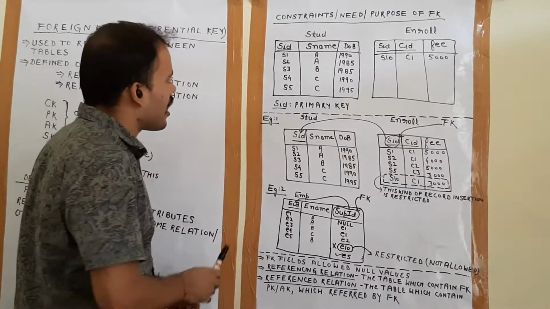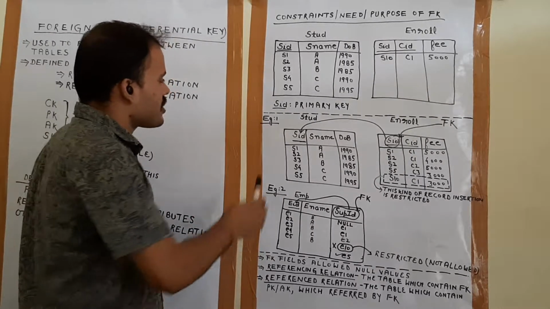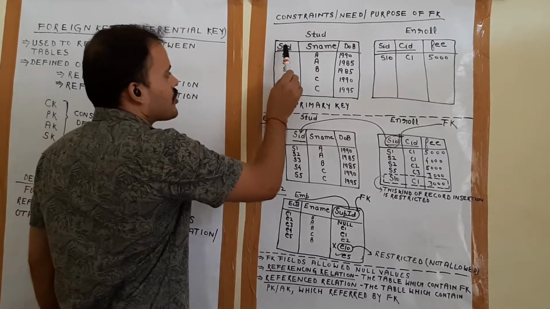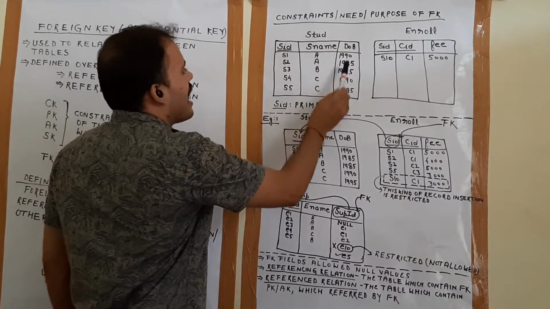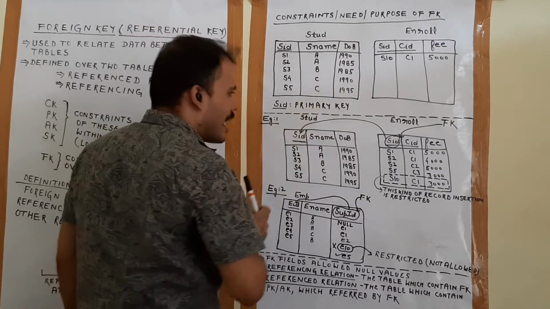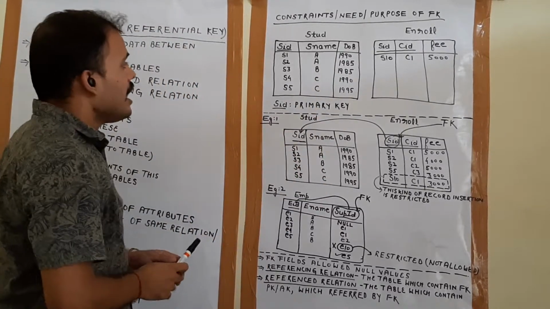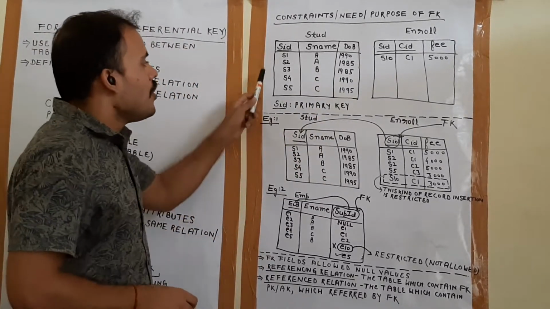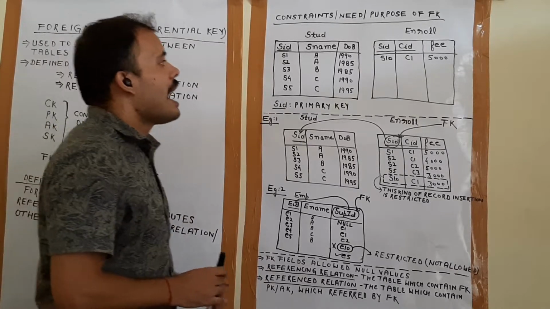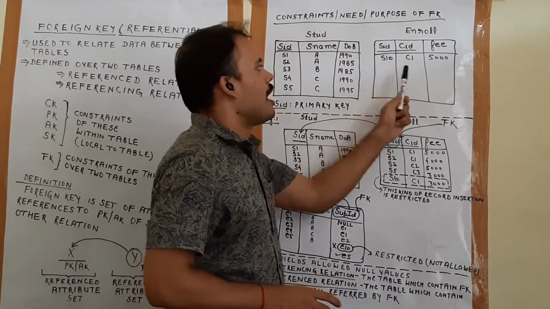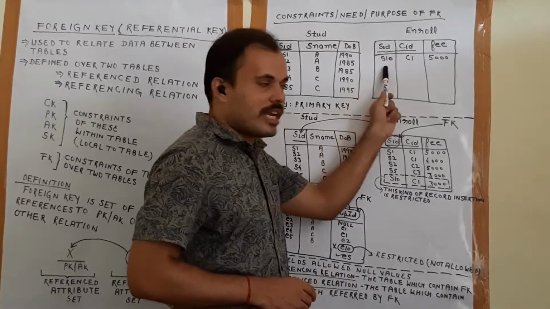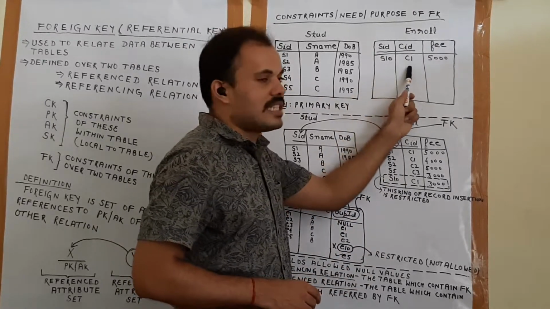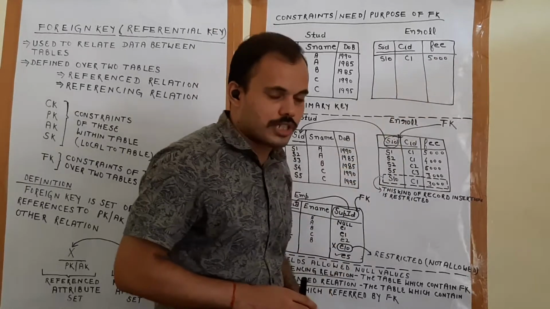First record is S1, student name is A, and date of birth is 1990. Similarly, in the student table we have 5 records, and in the enrollment table we have 1 record: student ID S10, course ID C1, and fees 5,000.